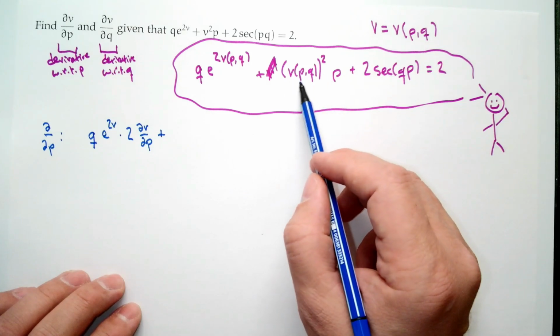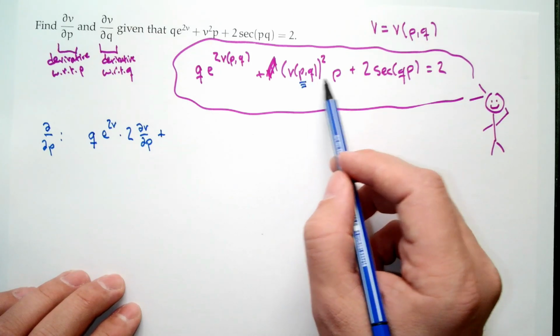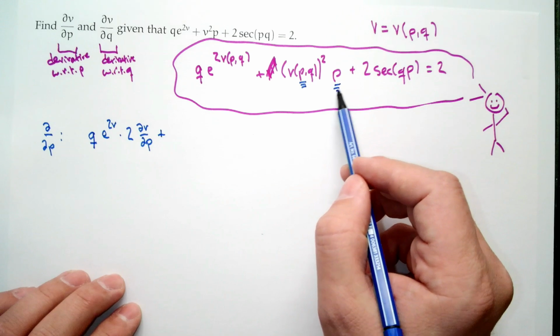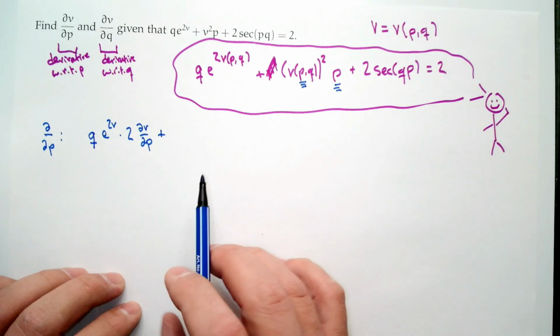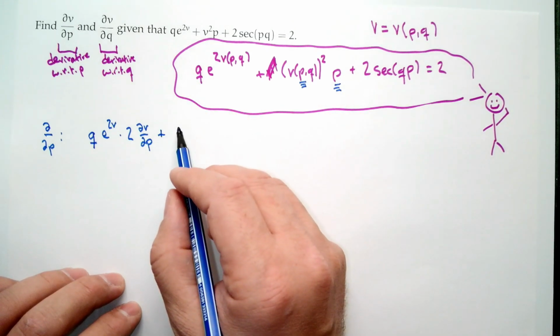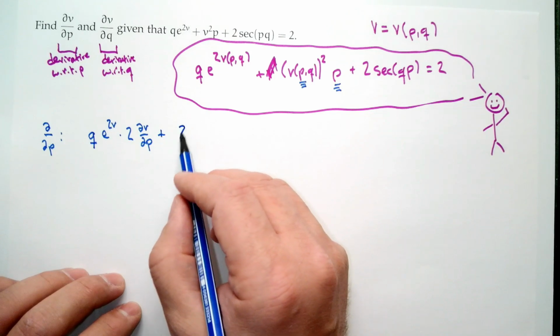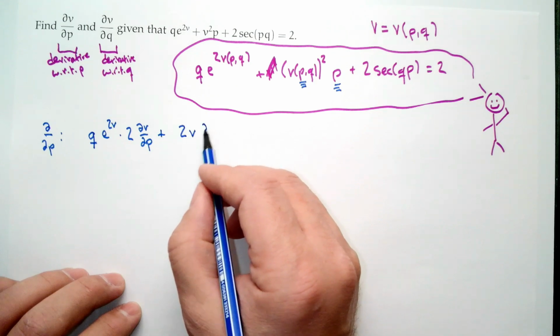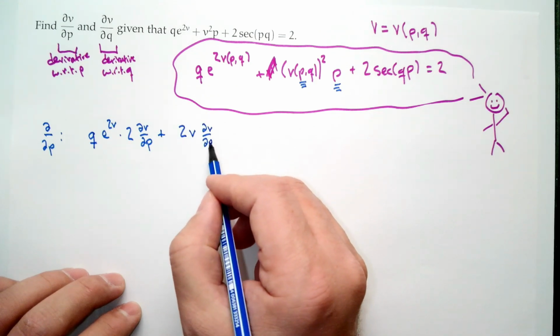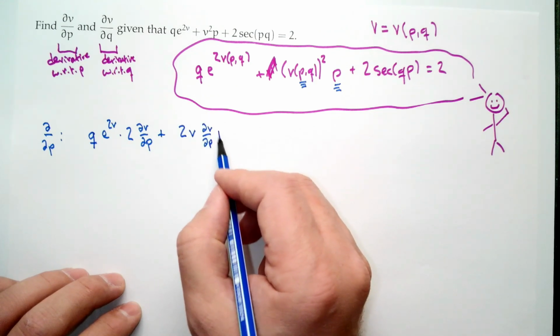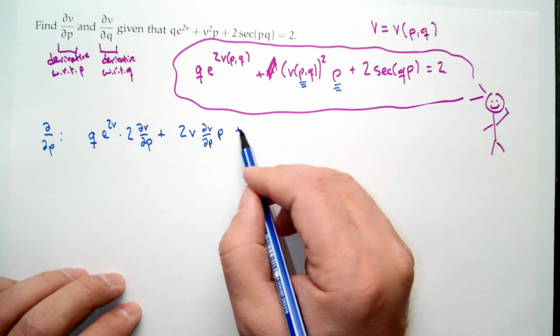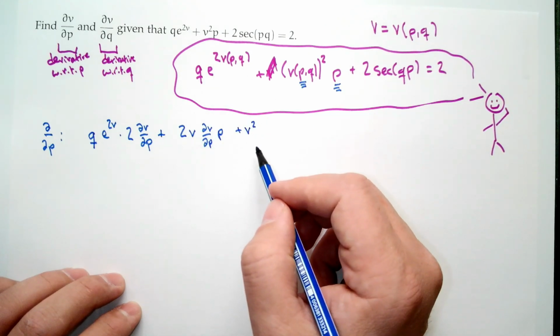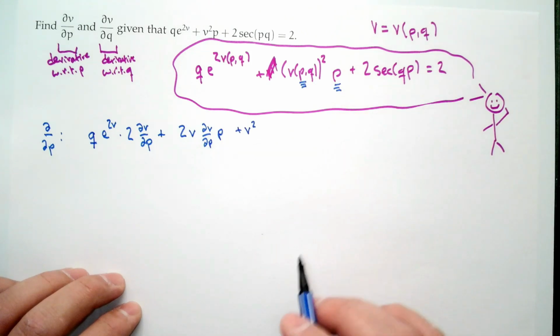There's this p sitting here, v of pq, and then there's this p out here. So we do the product rule. Speeding up a little bit, the derivative of v squared is 2v to the first times the derivative of v with respect to p, and then times p, plus v squared times the derivative of p with respect to p, which is 1.